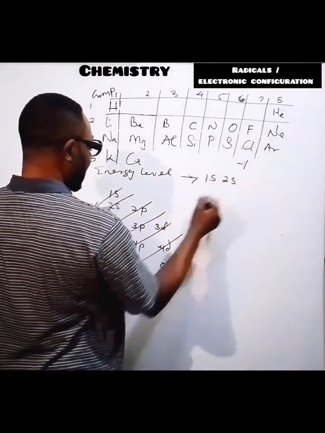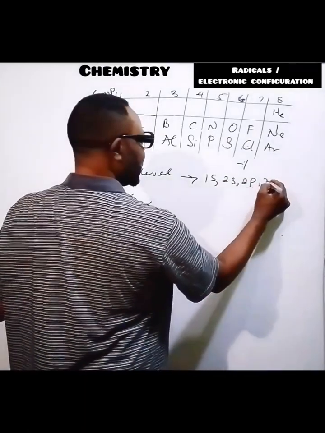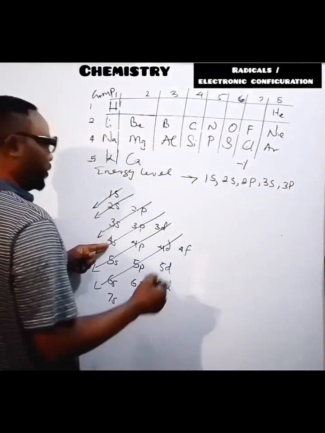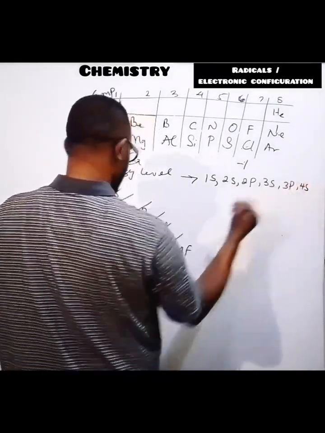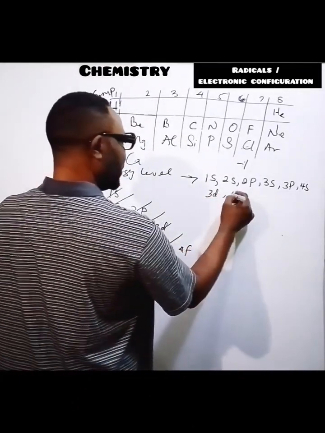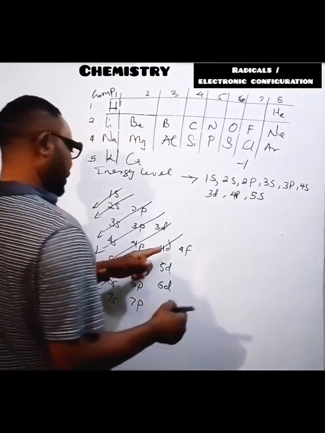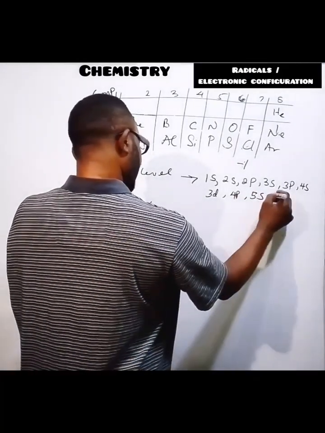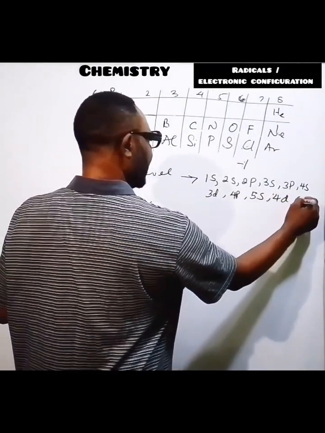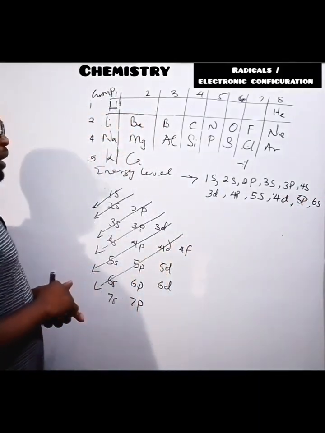It's 2s, followed by 2p, followed by 3s, followed by 3p, followed by 4s, followed by 3d, followed by 4p, followed by 5s, followed by 4d, 5p, 6s. So let's stop it there.